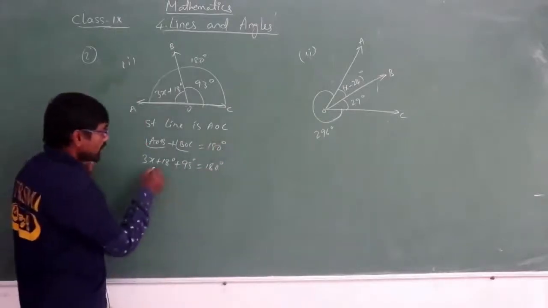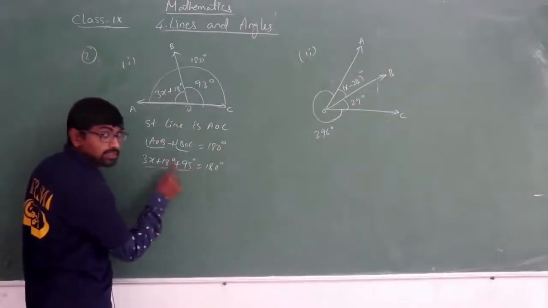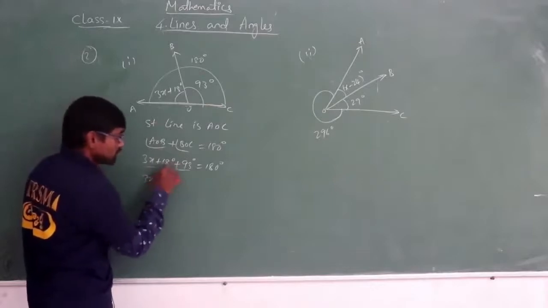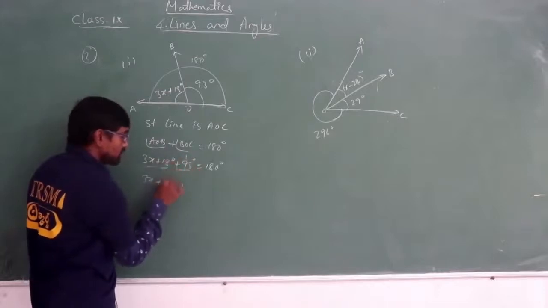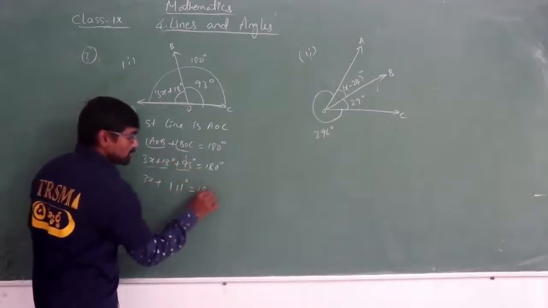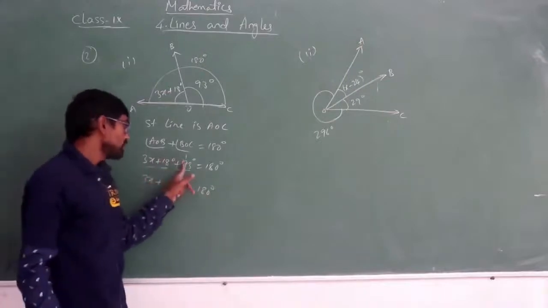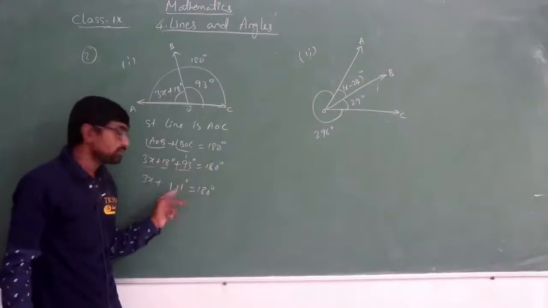Now again here you have like terms, as 18 and 93 are like terms. So here you add both, 8, 9, 10, 11. So 111. If you add this, 90 plus 10 is 100, 100 plus 11 is 111, isn't it?